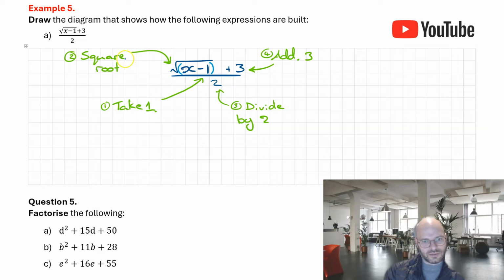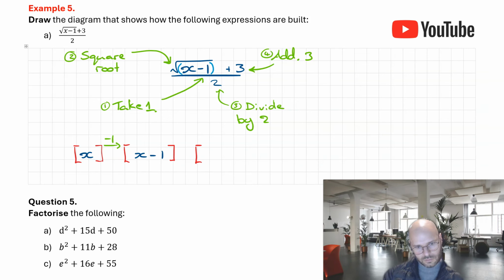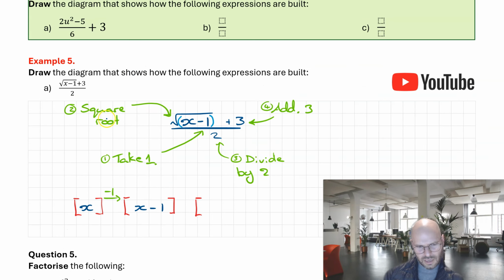Putting this together, we're going to start off with x. And we're going to transform x into an x take 1. After which we're going to do our square root operation, which is going to transform x take 1 into the square root of x take 1.